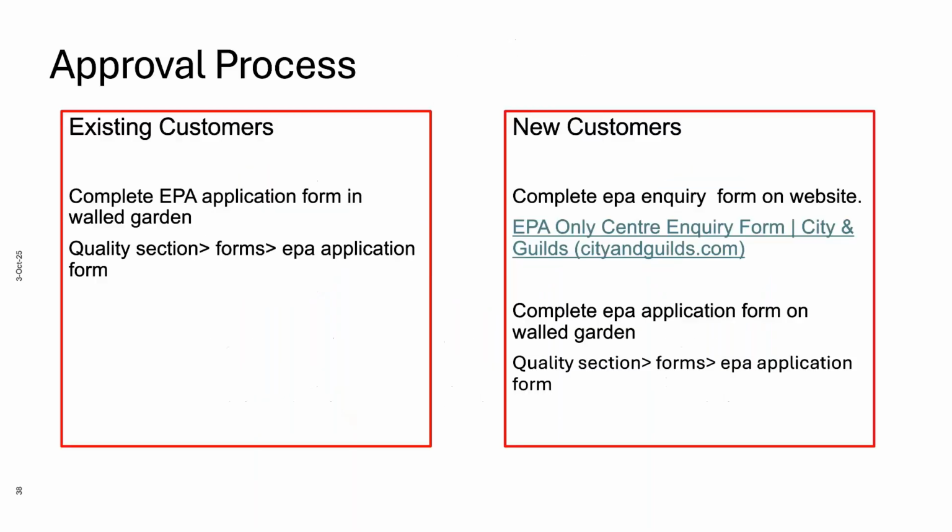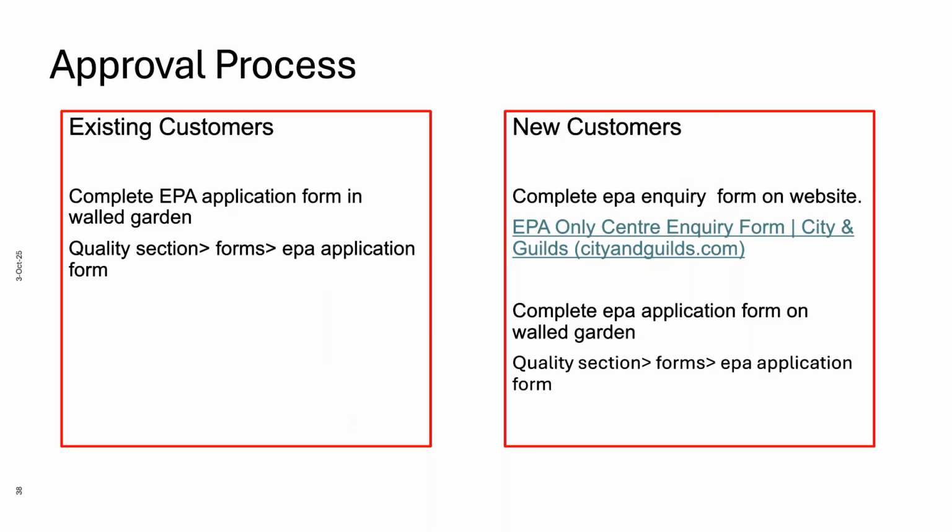Next slide, please. So for these standards, this is a new assessment. You will need to go through our approval process, which will vary slightly depending whether you're already an existing customer or whether you are a new customer to City and Guilds.